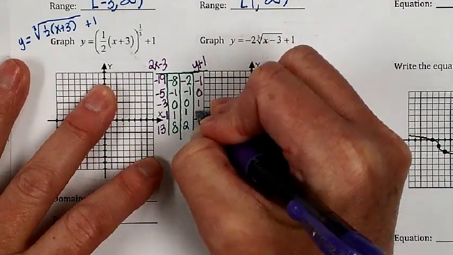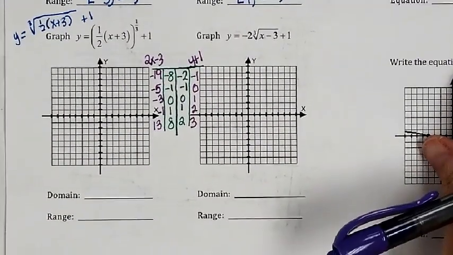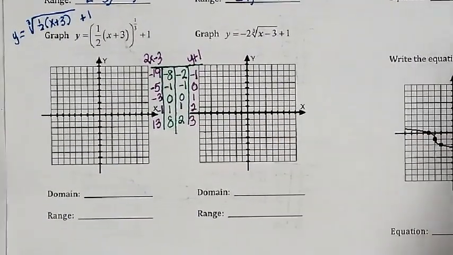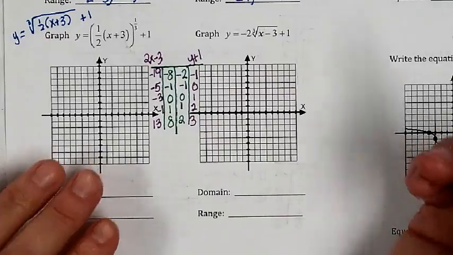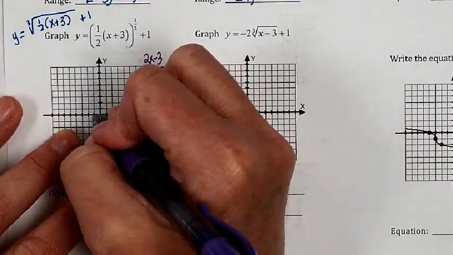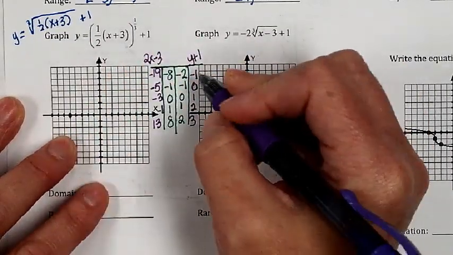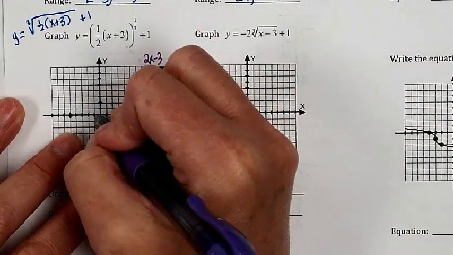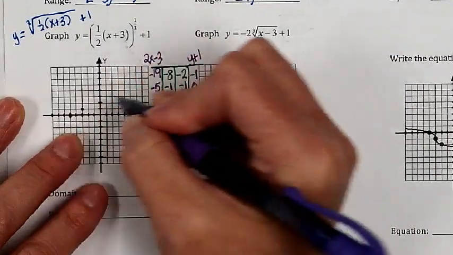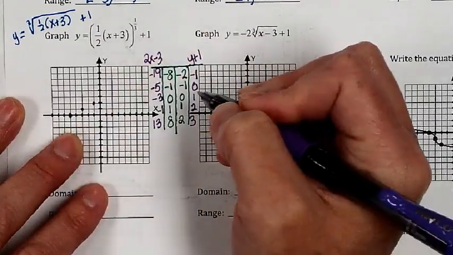Now we're going to graph. Negative 19, negative 1 is off the graph. Now negative 5, 0. Negative 3, 1. Negative 1, 2. And 13, 3 is off the graph.